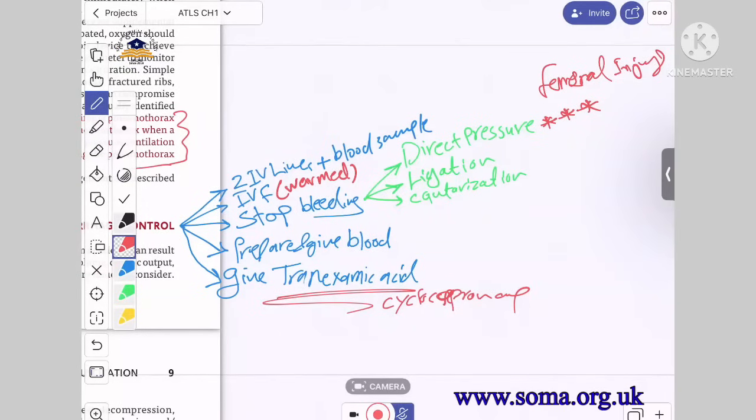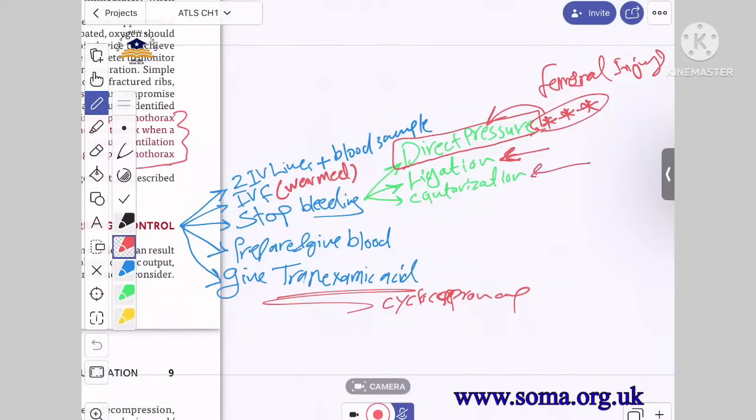So direct pressure, I remember this patient stayed alive by just direct pressure, which is done in the emergency department in the trauma room. After direct pressure, we can do ligation. Also, I remember many cases where we did ligation of the radial or ulnar artery, and the patient did well.